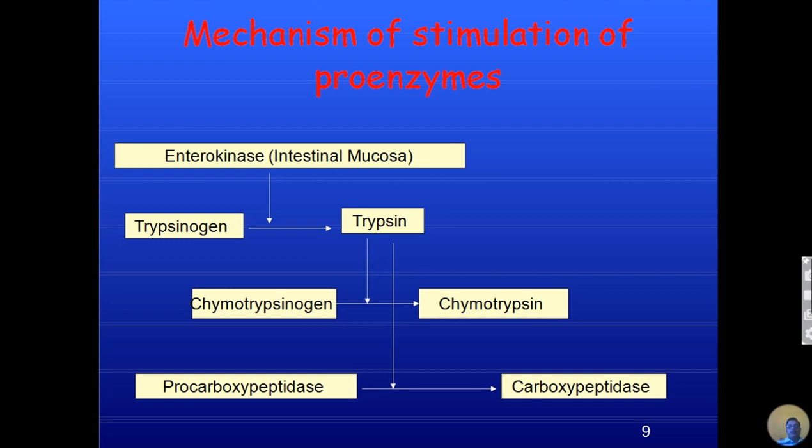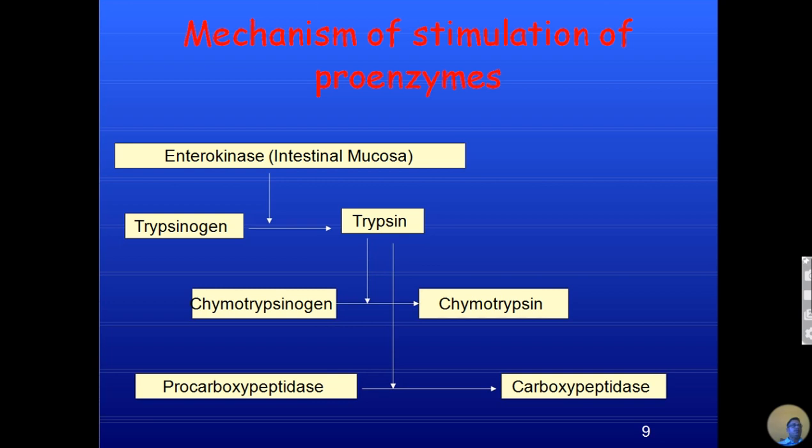Okay. So again come back to the intestinal mucosa, because once the sphincter of Oddi relaxes with the release of all these enzymes as pancreatic juice, they will get the action of the enterokinase. That means the intestinal mucosa liberates the enzyme called enterokinase, which acts on all inactive enzymes to make them active.